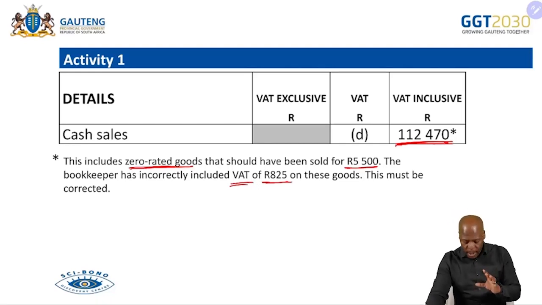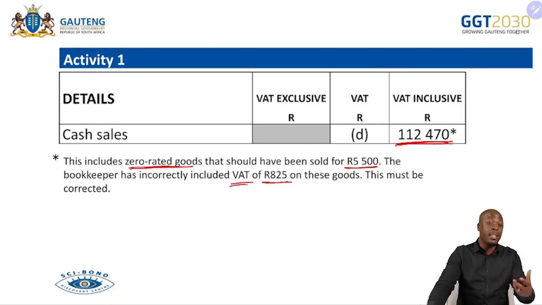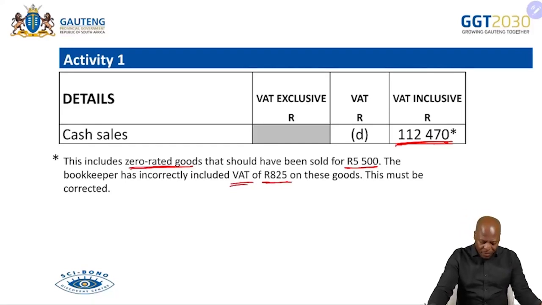The bookkeeper has included 5,500 rands worth of goods. But that 5,500 rand has to now be added with 825, which is the VAT amount. So the 5,500 becomes your exclusive amount and the 825 becomes your inclusive. So that means I need to know what was my inclusive amount, because here I am given an inclusive amount.